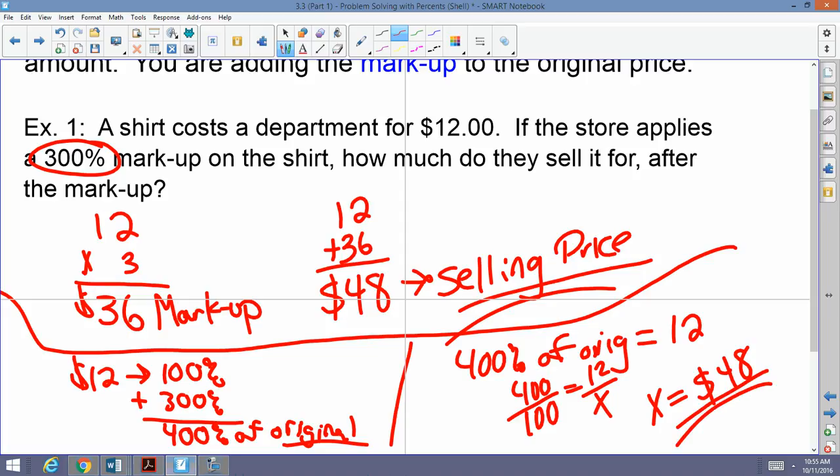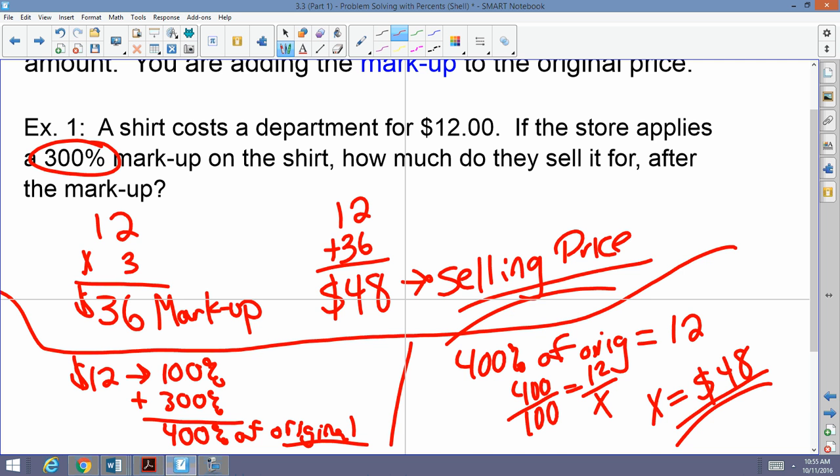Thank you so much. Yes, sir, my brother. Thank you. It's 300 because it says the store applies a 300% markup. Thank you, sir. Any other questions on this, gentlemen, before we continue?